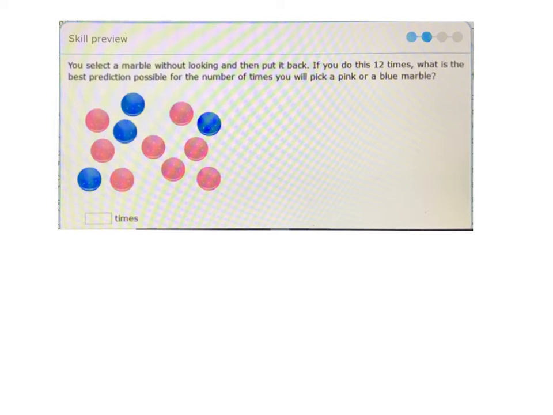Again, this one's actually kind of silly because obviously our only possible outcomes are pink or blue marbles. So if we do this 12 times, we can say the best prediction for the number of times we'll pick pink or blue is 12 times, as each time we pull a marble, it will be pink or blue. Out of 12 times, this will happen 12 times.